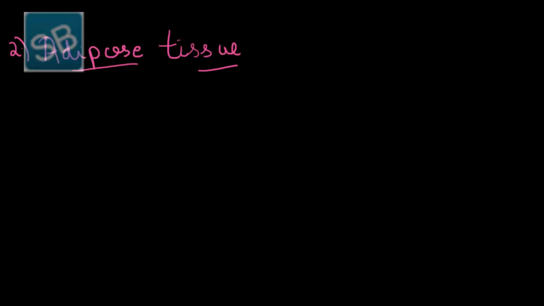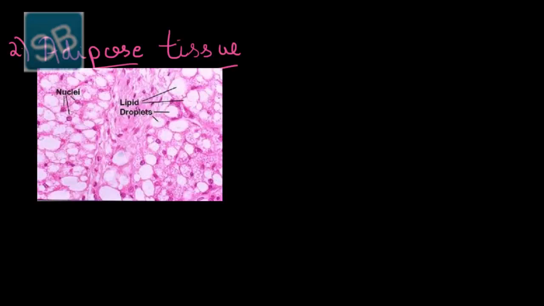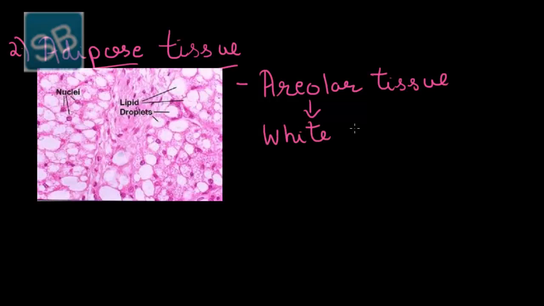Now let us understand another type of proper connective tissue, that is adipose. This figure shows a microscopic view of the adipose tissue. Adipose tissue is almost similar to areolar tissue, since this type of tissue also possesses pigments like white and yellow fibers, that is, possesses collagen and elastin pigment.